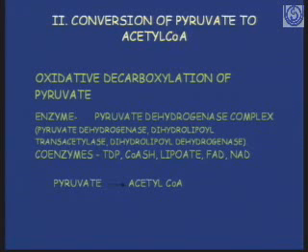The 3 enzymes are pyruvate dehydrogenase, dihydrolipoyl transacetylase, and dihydrolipoyl dehydrogenase. And the 5 coenzymes involved in this whole process are TDP, which is thiamine diphosphate, coenzyme A, lipoate, FAD, you're all familiar with FAD, and NAD. So with the help of these 3 enzymes and 5 coenzymes, pyruvate gets converted to acetyl-CoA.